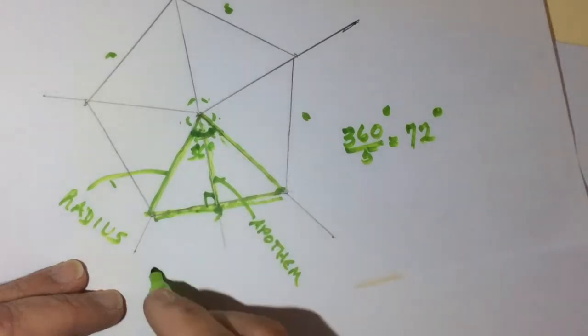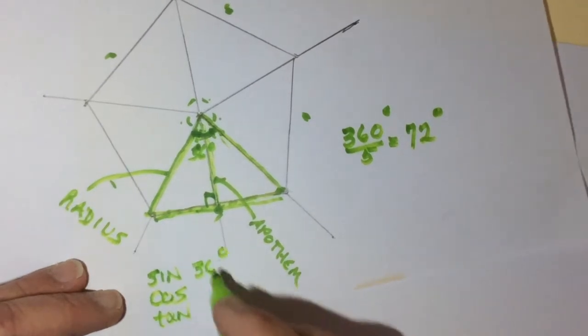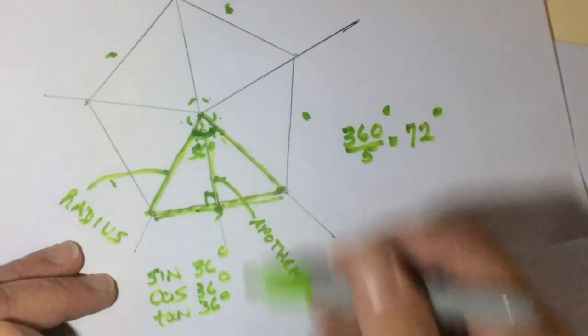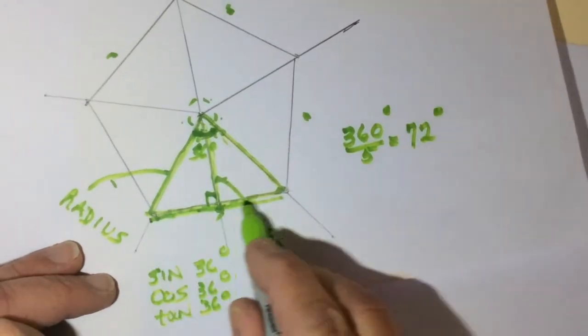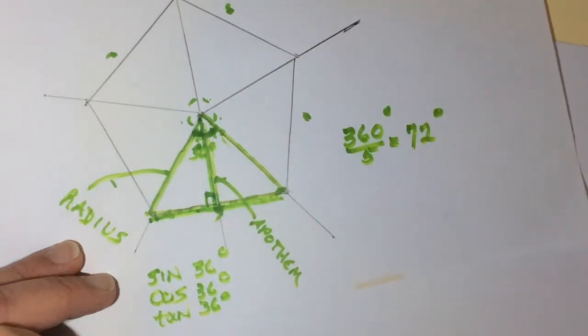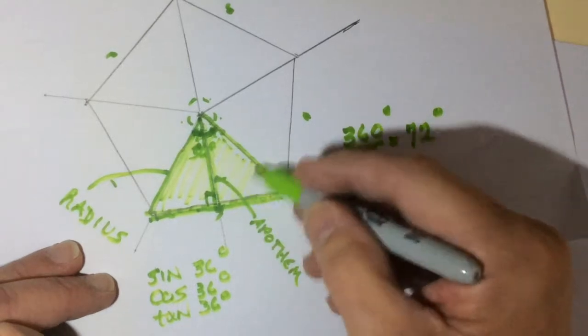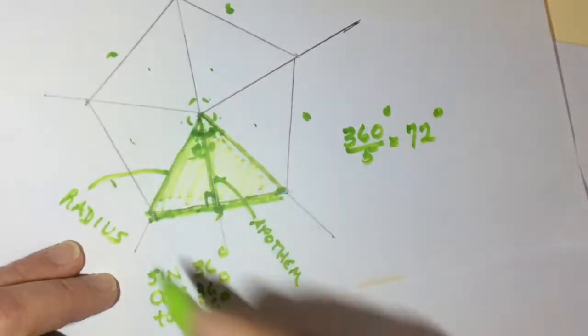And using the sine, cosine, or tangent of 36 degrees, depending on which piece of information I have, I can find the base and the height, and when I do that, I can find the area of this triangle right here, and when I do that, I know I have 5 of them that are the same size that go together to make this pentagon.